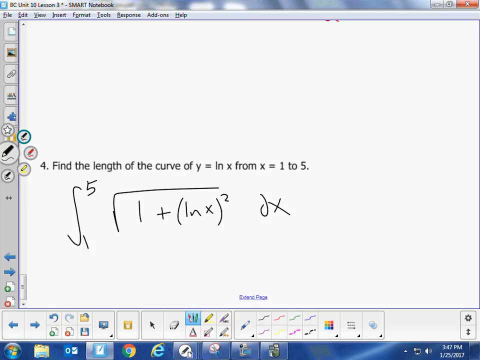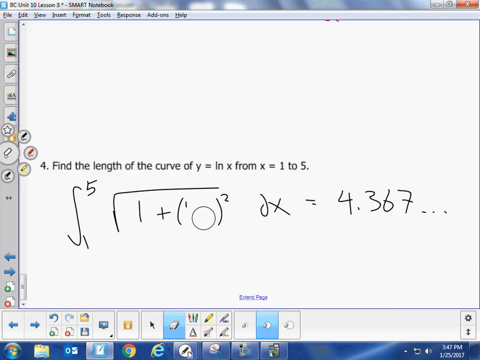Type it in your calculator correctly. Does it matter if it's in this mode or if it's in the T mode? No, it does not matter if you're in function or parametric mode on your home screen. So you should just get 4.367. Oh, my bad. The derivative, dy dx, which is 4.367. Okay? That's it.